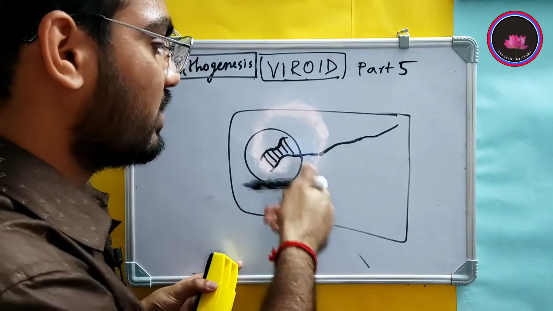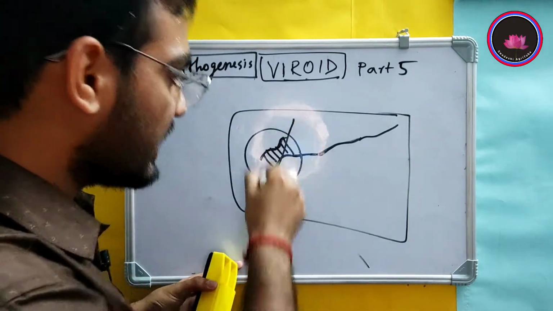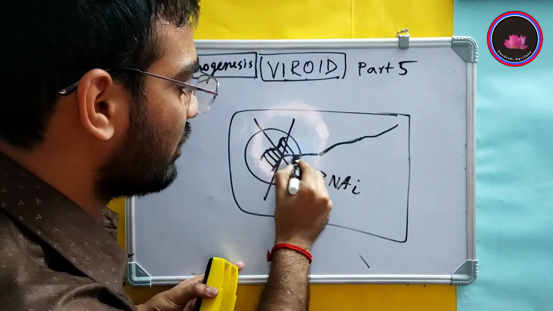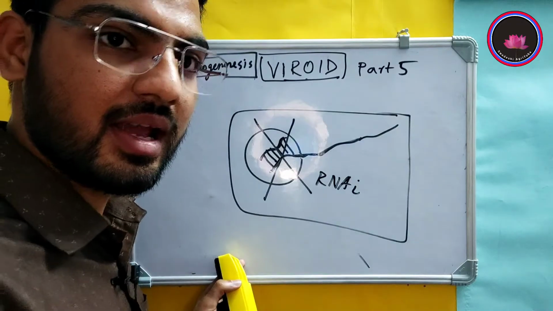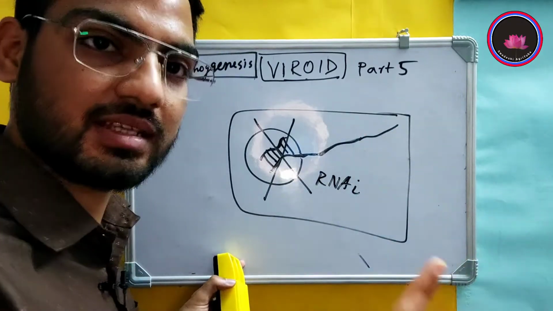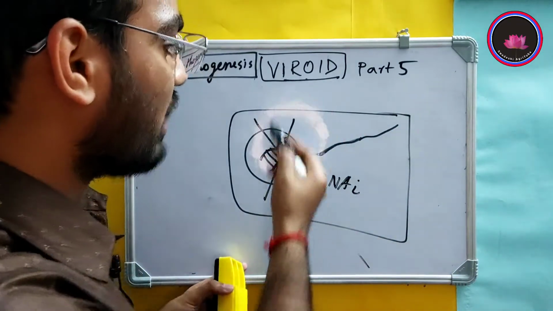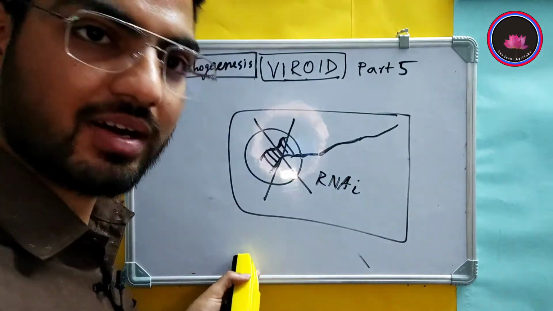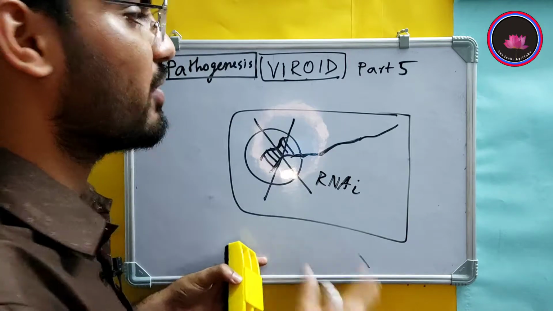The process by which this part is degraded is called RNA interference. This portion of mRNA would synthesize some protein, and that protein has some role, but due to the presence of the viroid, this portion is destroyed. That's why the plant suffers, and that's the reason why viroids show pathogenesis.